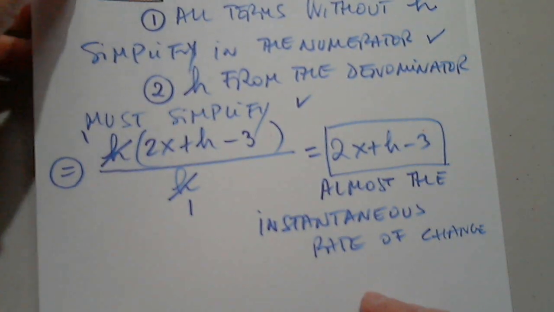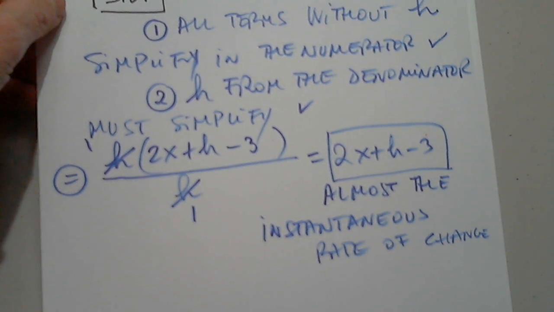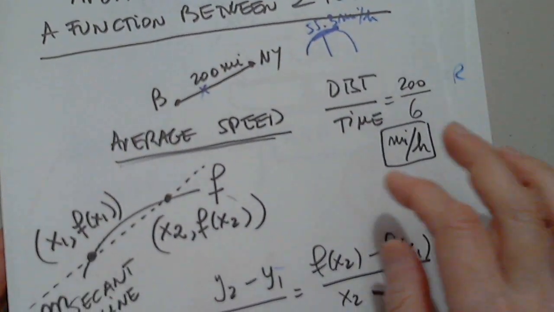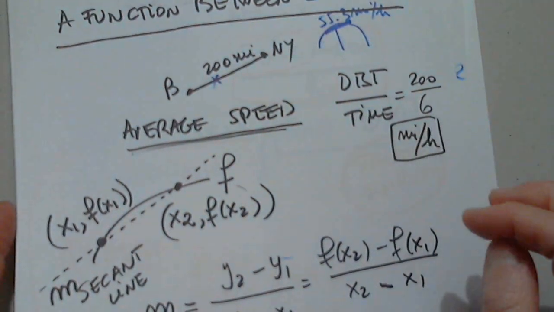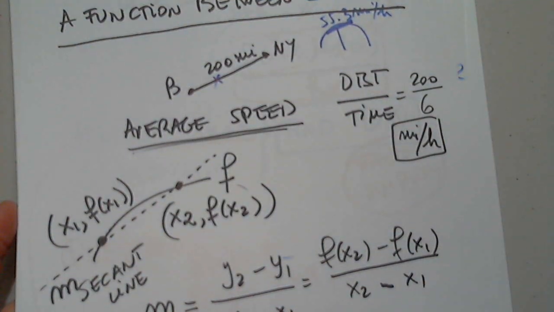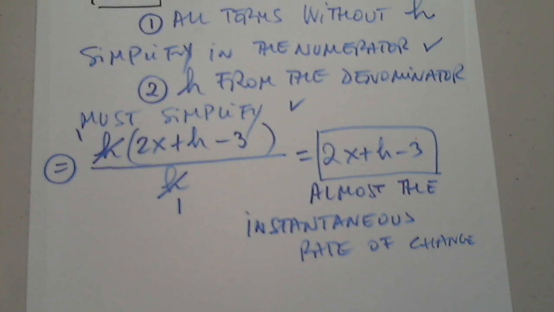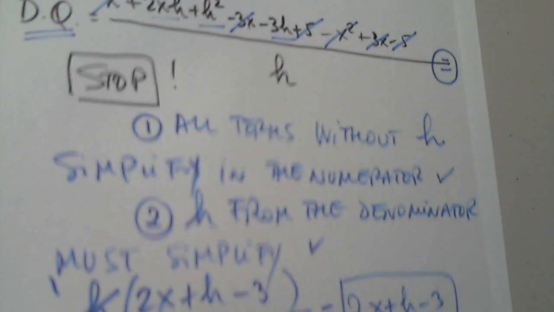The average rate of change is not, because it takes into account that I took a break, maybe I stopped to eat, maybe I stopped to fill up on gas, and so on and so forth. So that's the average speed. But the instantaneous rate of change is what happens at that instant. Okay, any questions for me, please? Don't let me move on if you have questions, please.